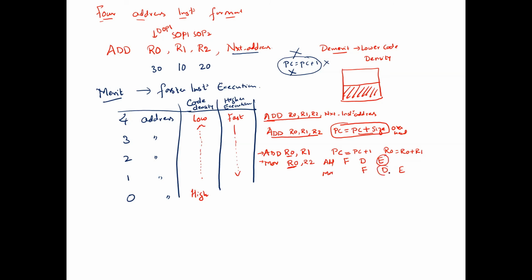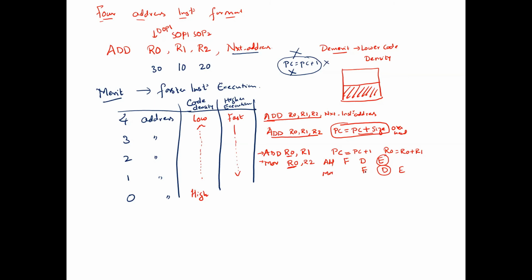If you decode and get the access of the operand, then what happens? You are going to get the wrong value of R0. Now what happens is, I cannot overlap, even though the decode hardware is free. Can I decode during the execution of the previous instruction? Answer is no, because the operands are dependent.